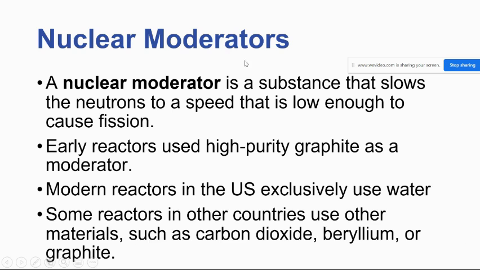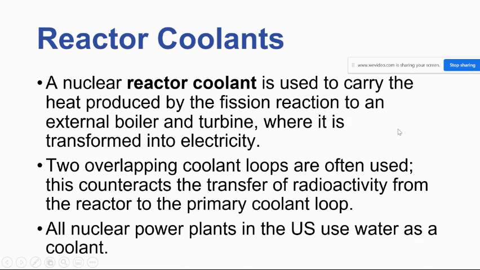A nuclear moderator is a substance that slows the neutrons to a speed that is low enough to cause fission. And like I said, they typically use water at this point.